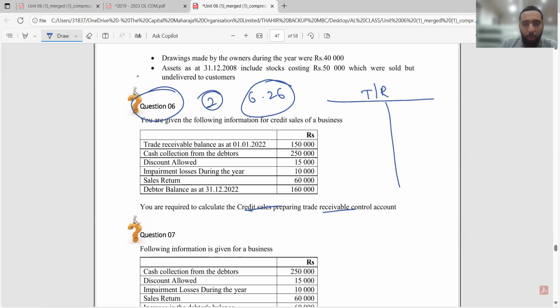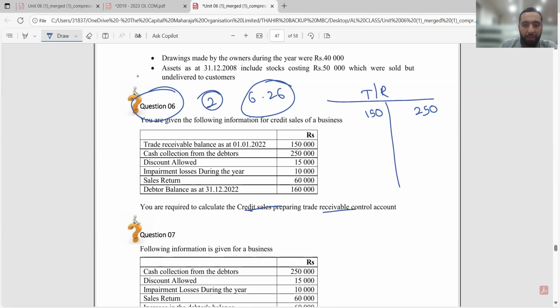Trade receivable opening balance is 150. You can put it here, right? Why am I putting this on the debit side? You all know the reason. Asset increases debit, right? Basics of accounting, we have learned this. And then collection from debtors, right? If you collect it, it goes in the credit side. Very simple.